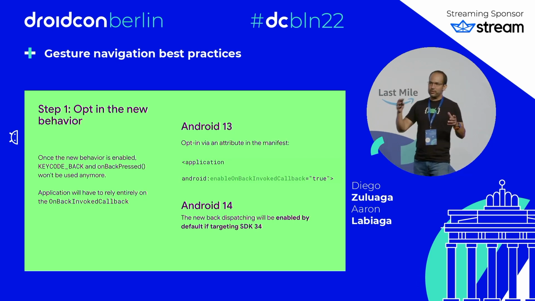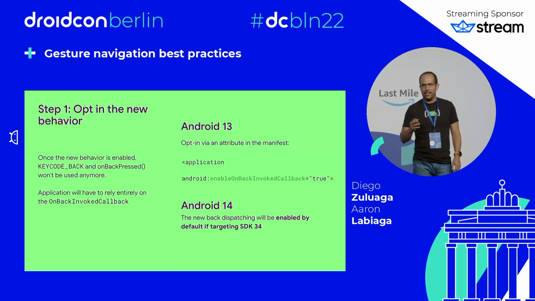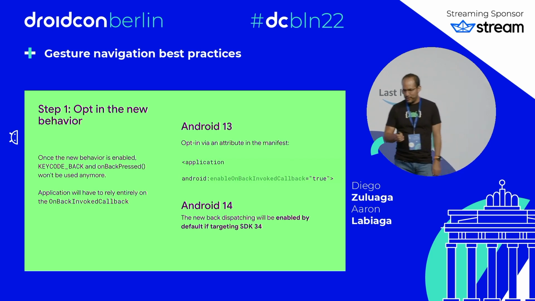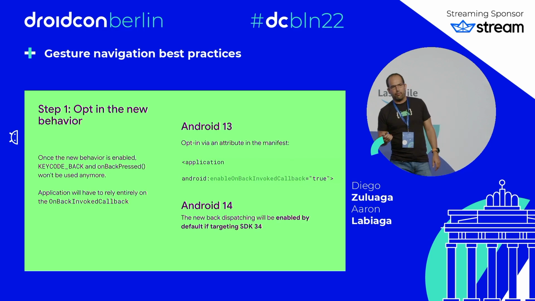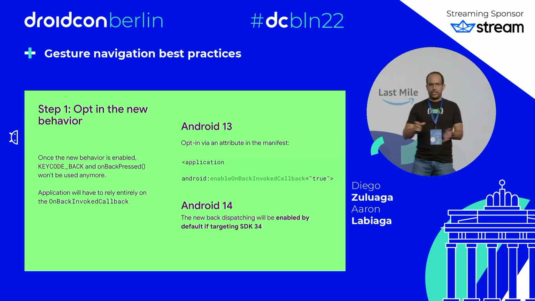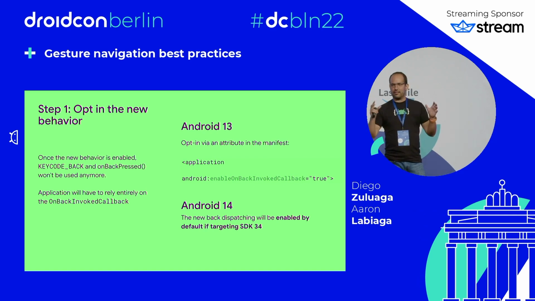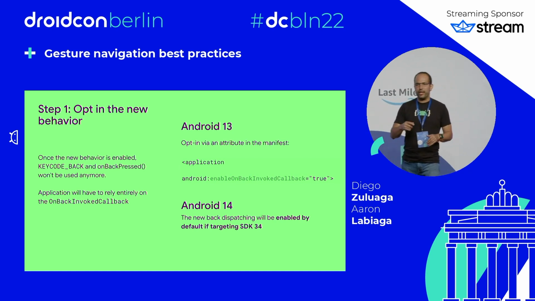So if you find that your app is leveraging one of these APIs, there is an action item in here for you. By enabling the enable onBackInvokedCallback, in Android 13, the code base under the hood will start leveraging onBackInvokedCallback, either directly through the APIs that I'm going to show you in a bit, or through AndroidX.